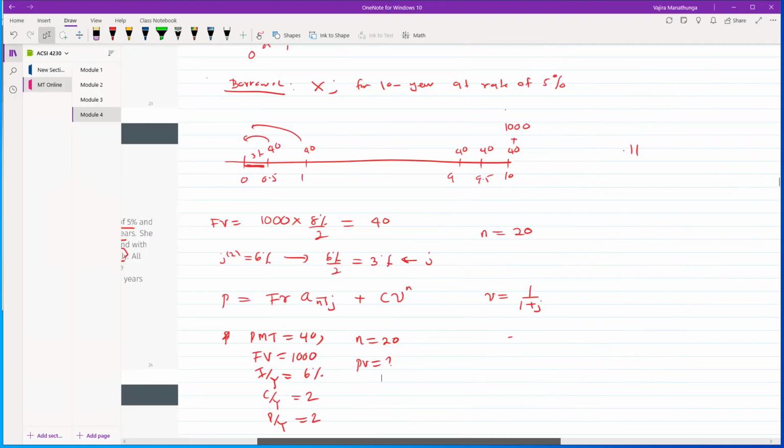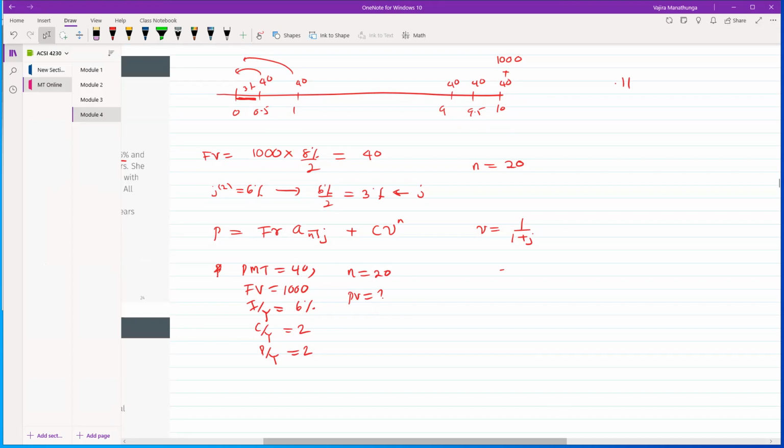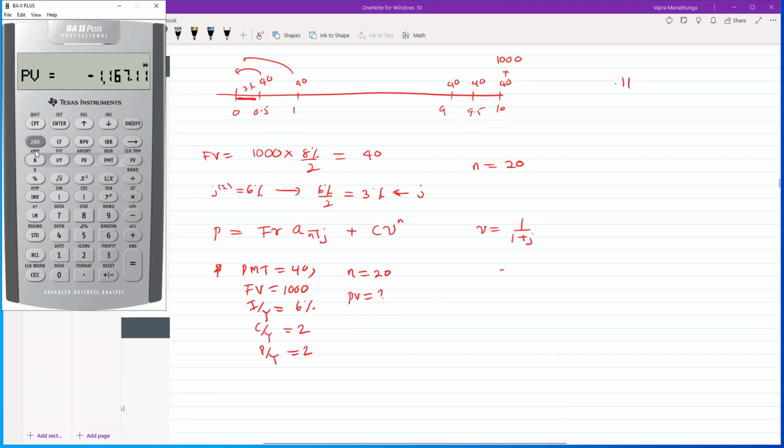So let's use our calculator and see what we get. Okay, so here payments are 40, 1,000 future value, 6% rate.